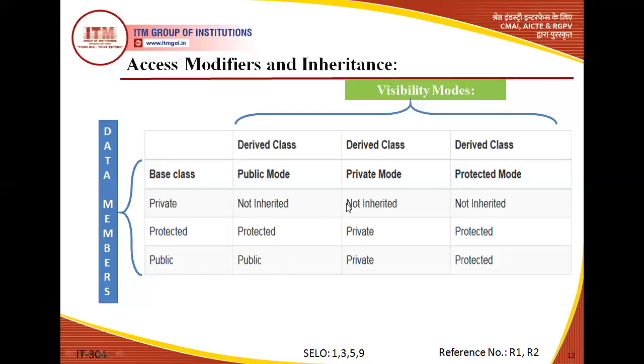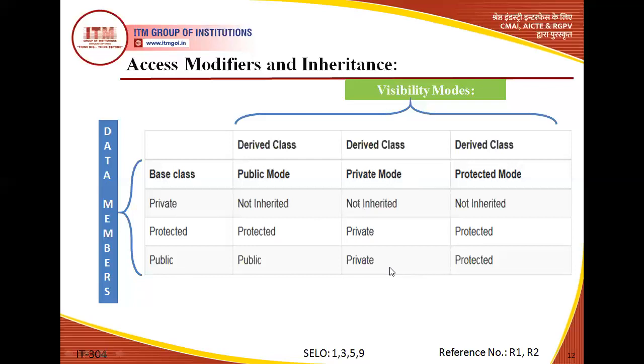Now, if you are inheriting your base class privately, then in that case the private data members of the base class you cannot inherit. The protected members will come into the private part of the derived class, and the public data members will also come into the private part.